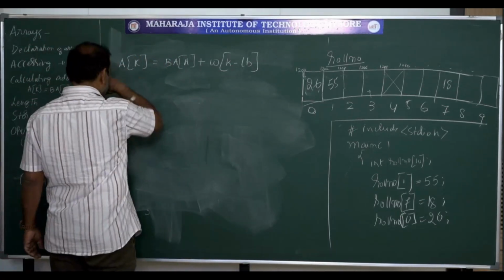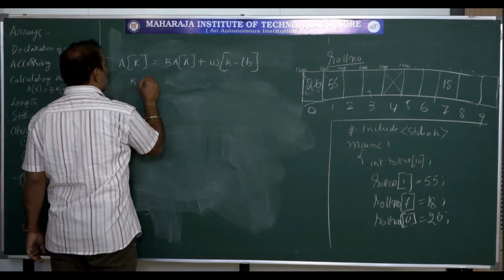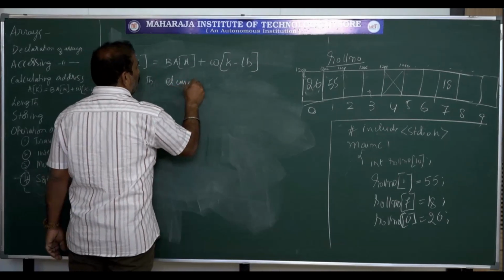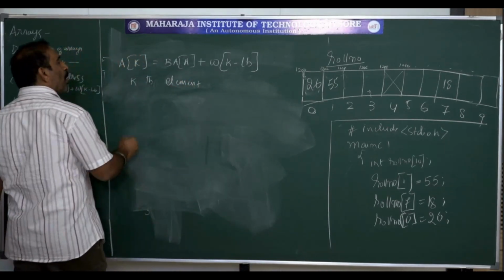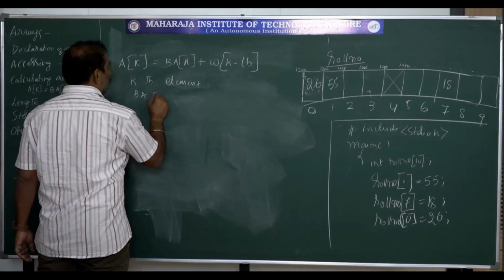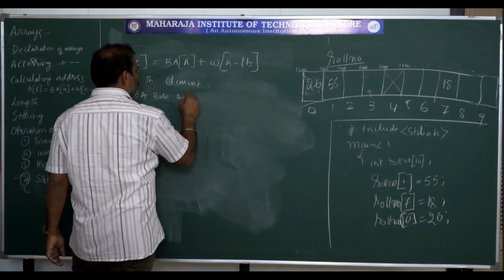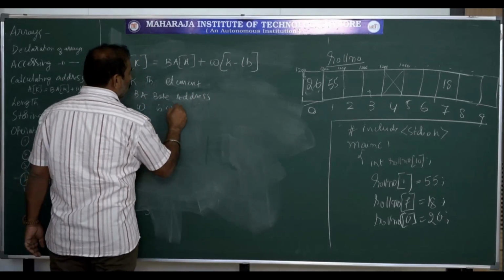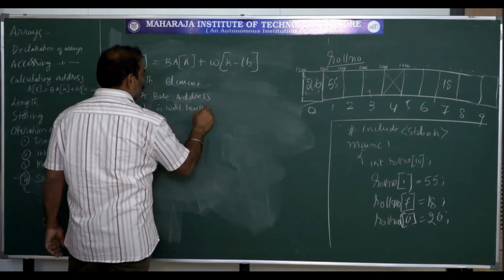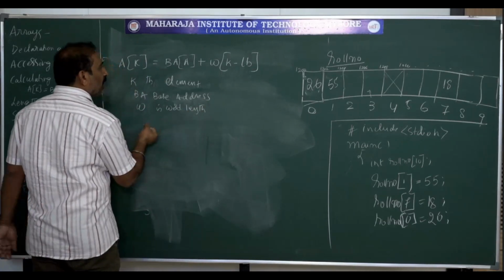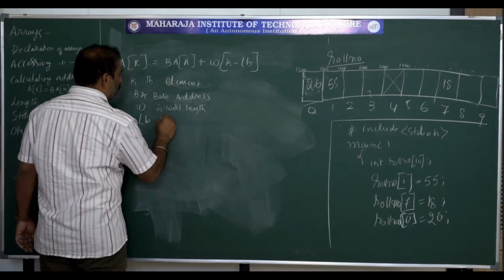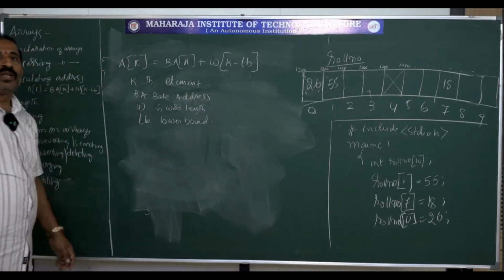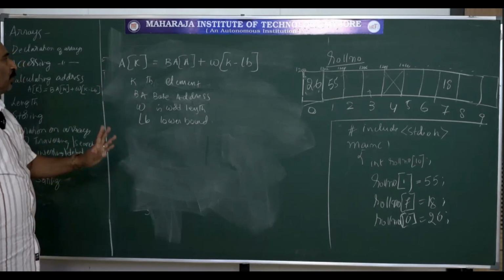So where A of k is the address of the kth element, BA means base address, W is the word length, then LB is the lower bound. Not a very big equation to remember, nothing to worry.